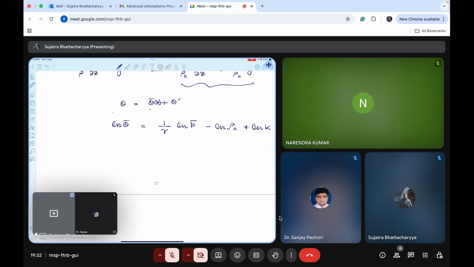Because this base state should follow the actual equation, the perturbation will also follow. So we are writing this as p bar plus p dash, minus log of rho naught plus rho dash, and log of k just remains like this.